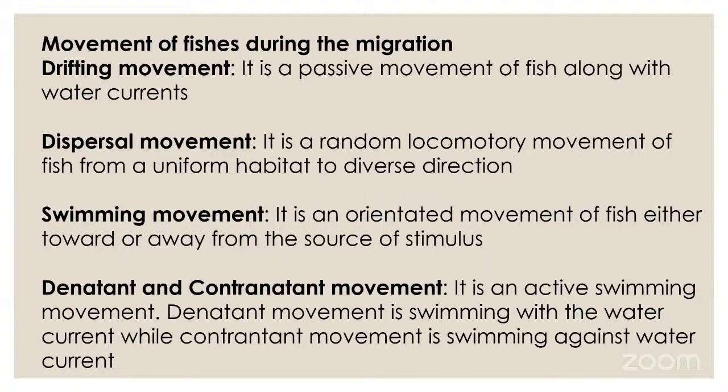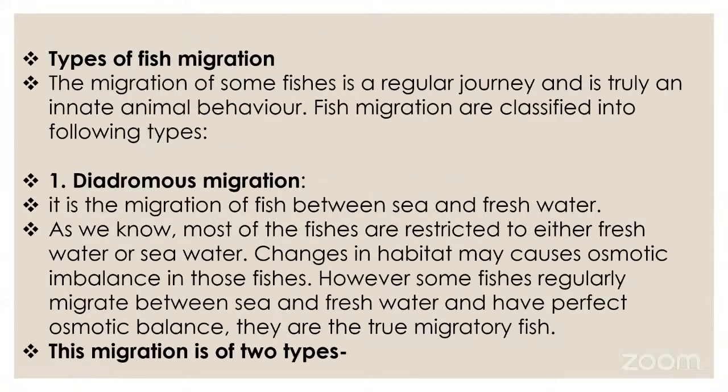Then what are the parameters for this migration? A fish showing a high degree of return may visit many areas more than once during the course of migration. In some cases, only one area is visited more than once in return migration. Normally, in most cases, what happens?